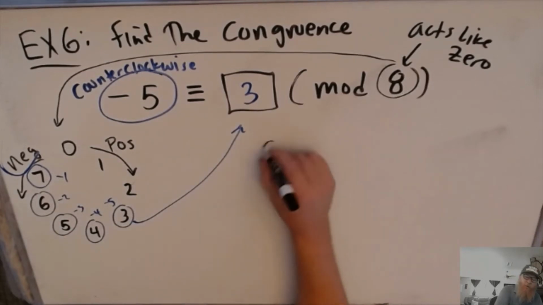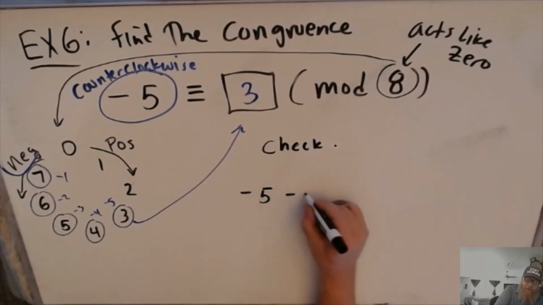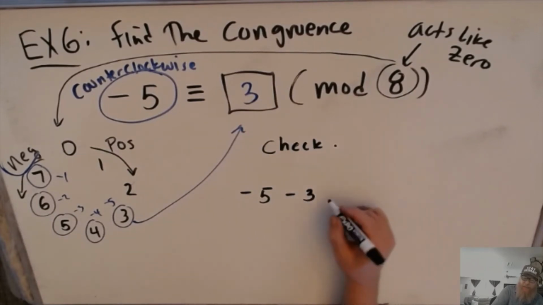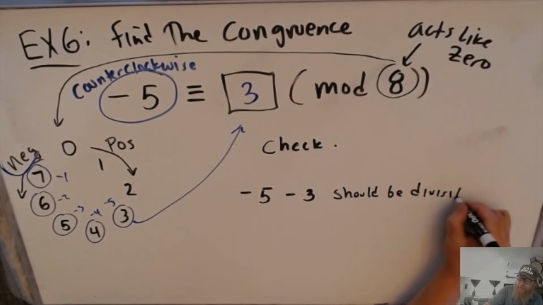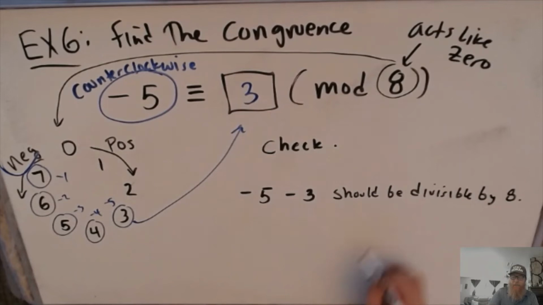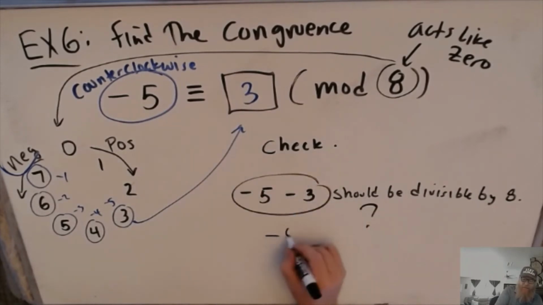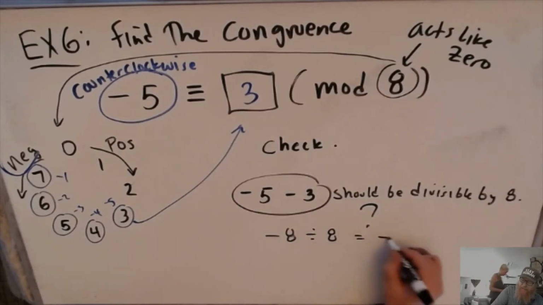Okay, you should still check your answer. -5 minus 3 should be divisible by 8. Is it? Yeah, -5 minus 3 is -8. Yeah, -8 divided by 8 is -1.